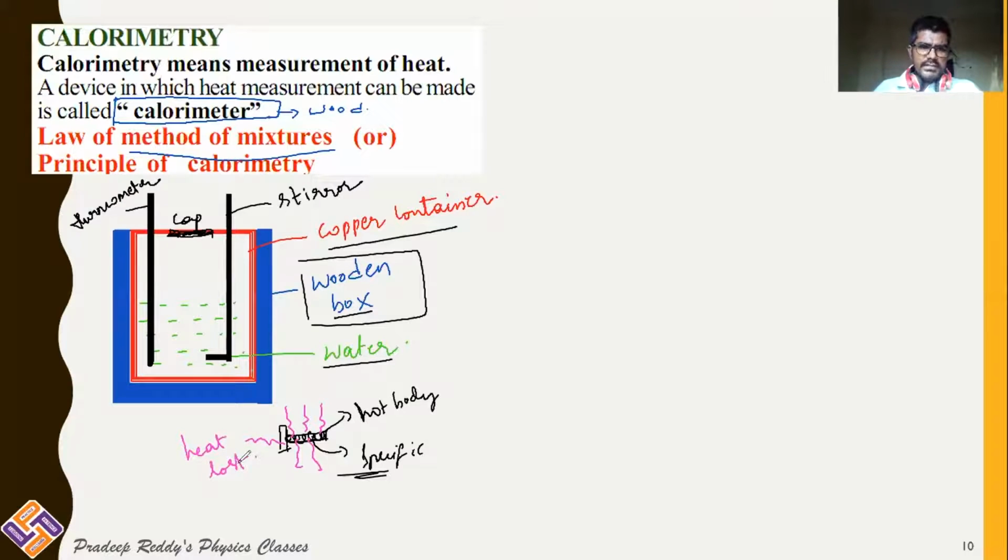As heat is lost here, we cannot measure accurately how much heat this substance has. In order to avoid heat loss to the surroundings, we are taking the material inside the wooden box, because wood is a bad conductor of heat energy.